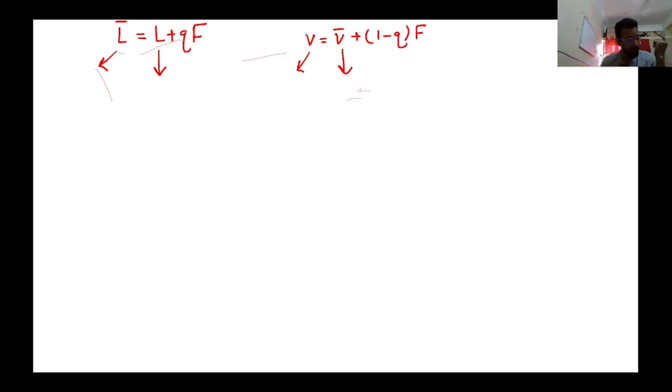So what we have to find? We have to find V dash, and we know that q is equal to 1. In the question it is given as saturated liquid, so this whole portion will become 0. So V is equal to V dash.